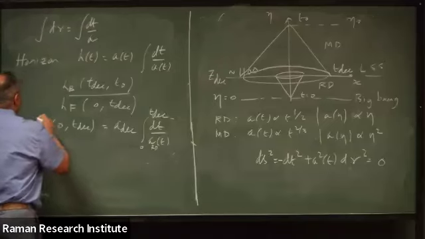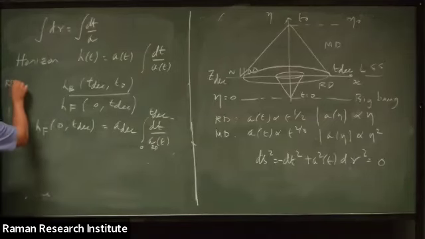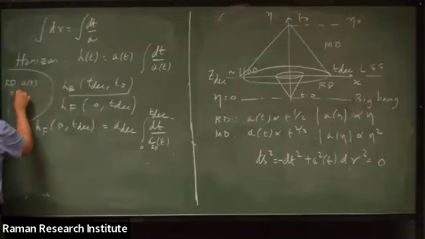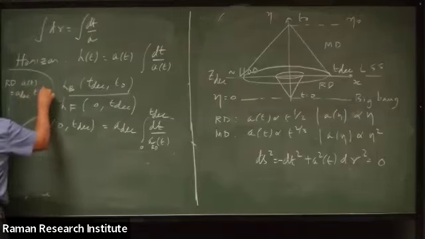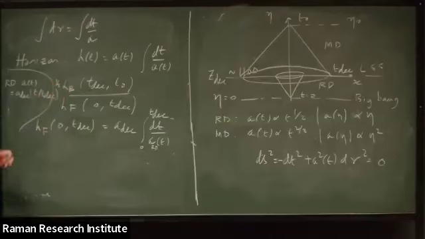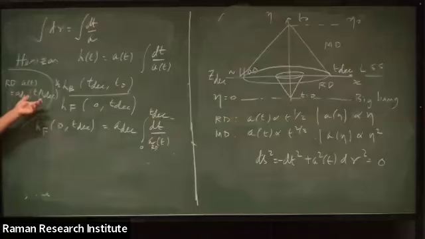And during radiation domination, for want of space, let me squeeze this in here. I can write a of t as a decoupling times t by t decoupling to the power half. I've just chosen the constant so that a equals a decoupling, and at t equal to 0 there is Big Bang, a is 0.